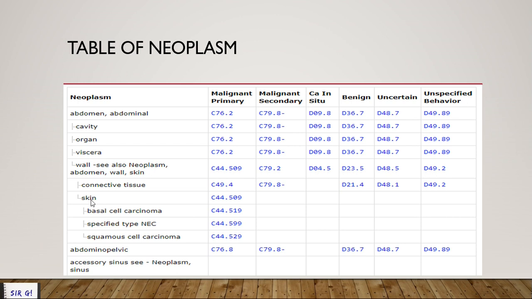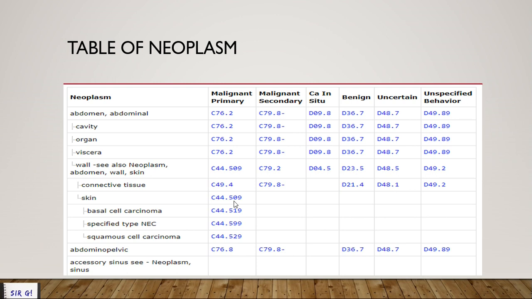What if the doctor documents only abdominal skin cancer, malignant cancer of the abdominal wall, or malignant neoplasm of the skin of the abdomen? They did not specify what type of neoplasm in the documentation. That's the time you will use unspecified.